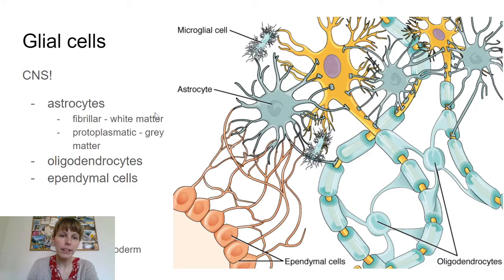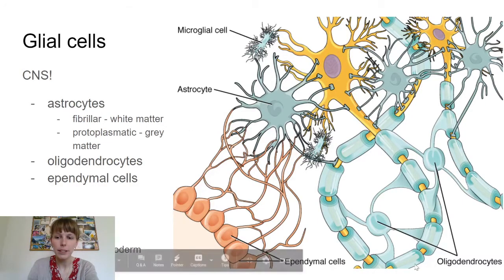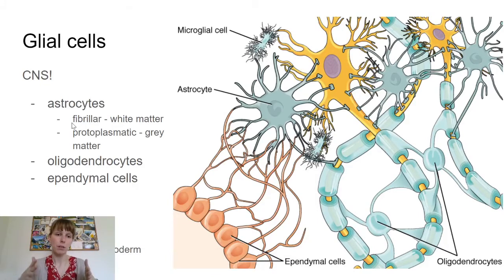So either they can be in the white matter. White matter is where you have the myelinated axons. The myelinated axons, we will get to that in the peripheral nervous system more. But in this case, the astrocytes will be going along the fibers of the axons as well, and they will be called fibrillar.